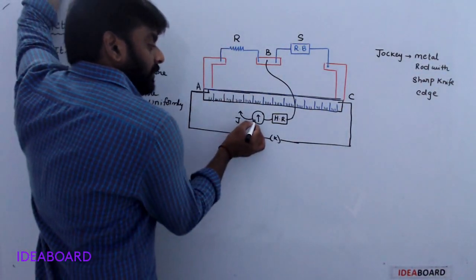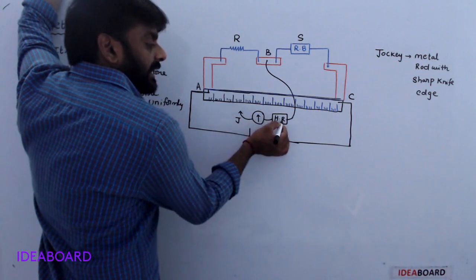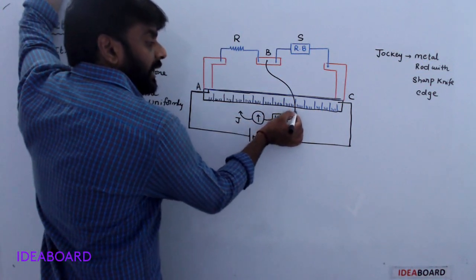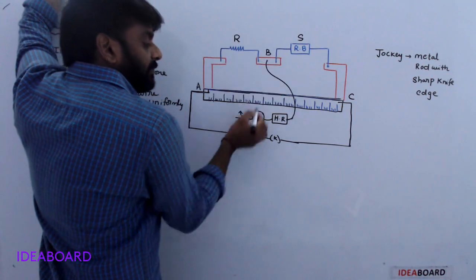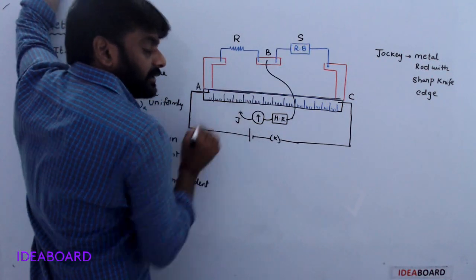One end is connected with the high resistance box and then to point B. The other end is connected with the jockey.